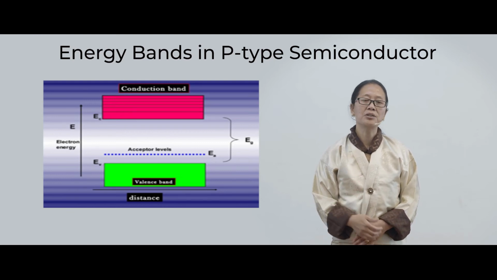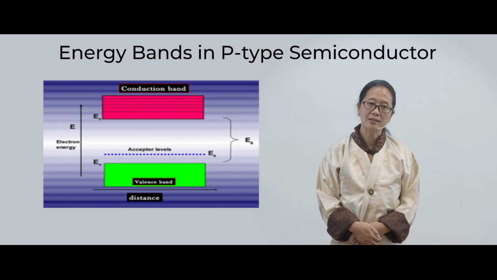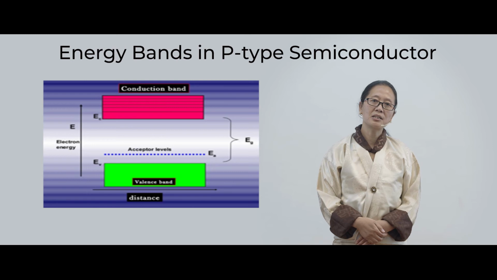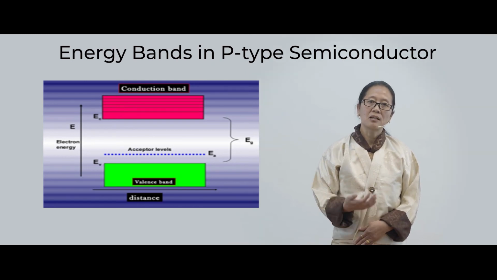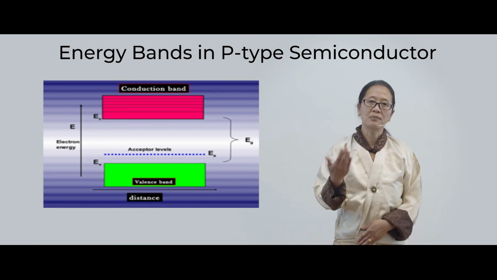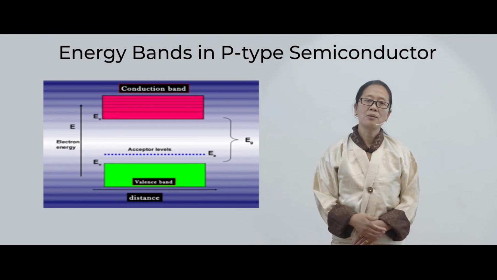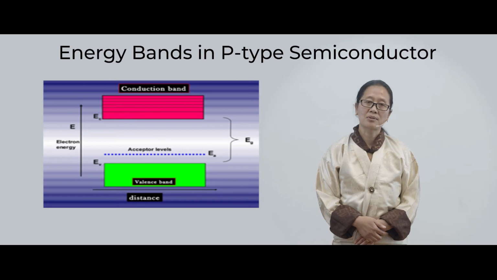It is again due to the impurity atom. In this p-type semiconductor, the impurity is trivalent. So it accepts one electron from the neighboring silicon atom. So that's why such impurity atoms are called acceptor atoms.